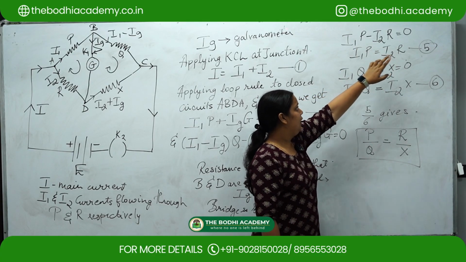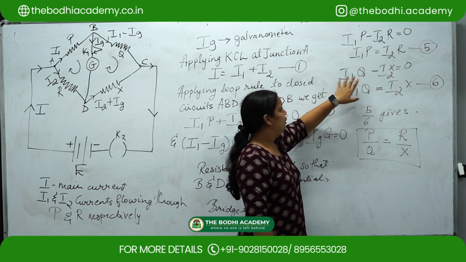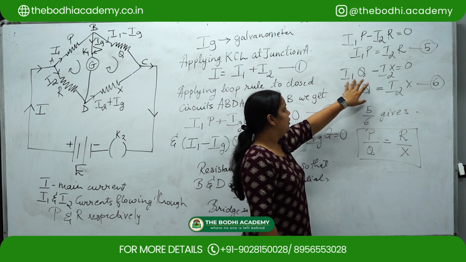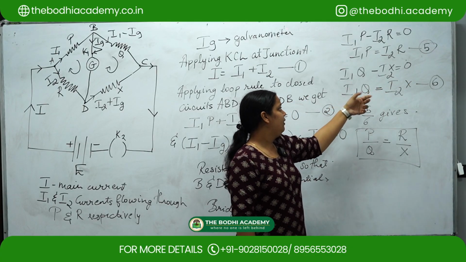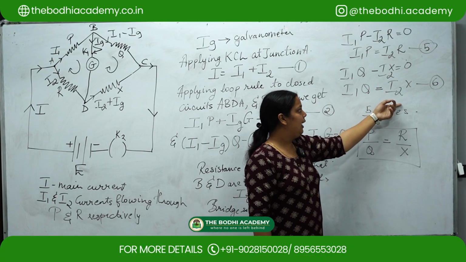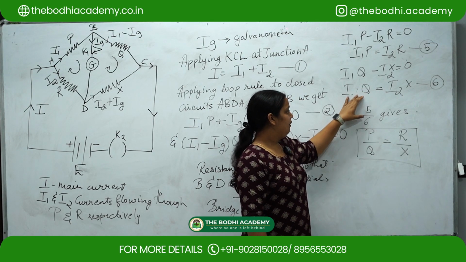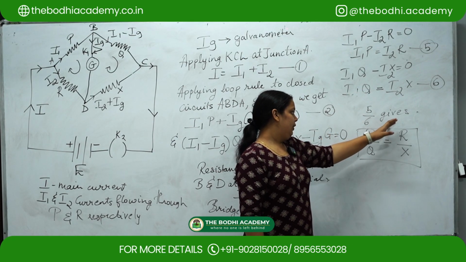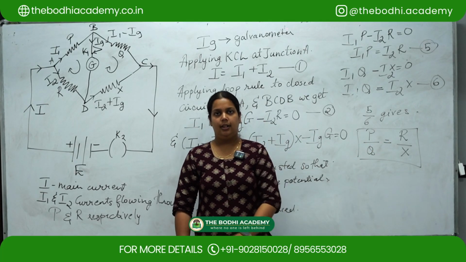Taking this to the other side of the equation, we will get I1P equal to I2R. So I1Q minus I2X equal to 0. Taking that to the other side, we will get I1Q equal to I2X. So dividing equation 5 by equation 6, we will get P by Q equal to R by X. That is the final expression.